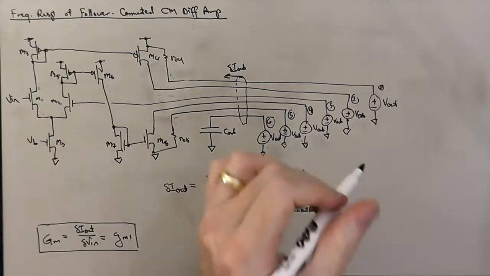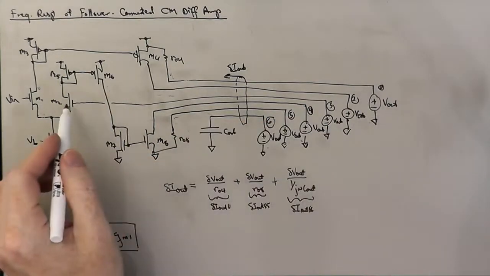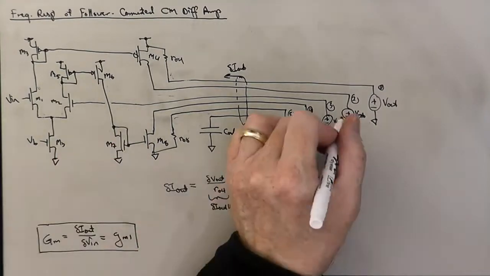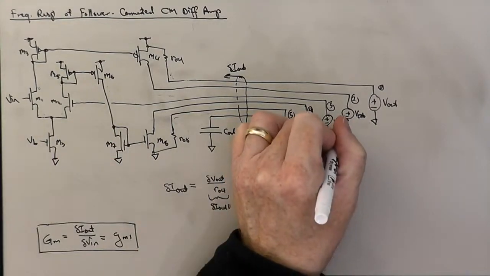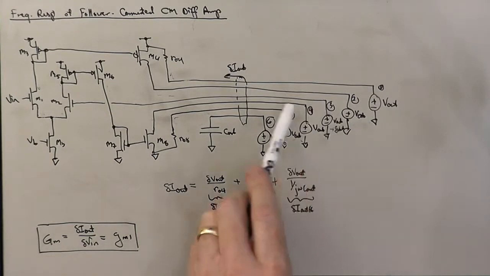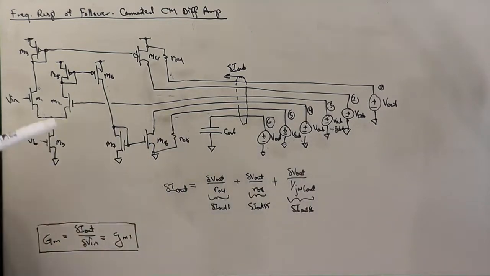Now let's go back to branch 3, which is kind of the new one that's caused by this feedback connection that we've made. And here you'll notice something very interesting. This is actually just like the situation where we were changing M1, only now we're changing the gate of M2.